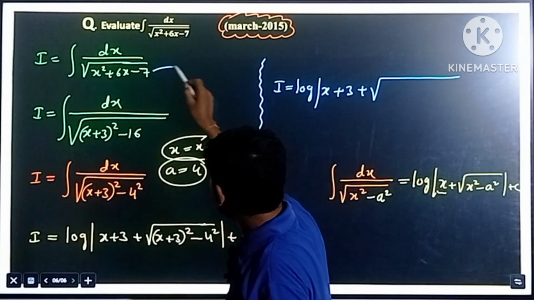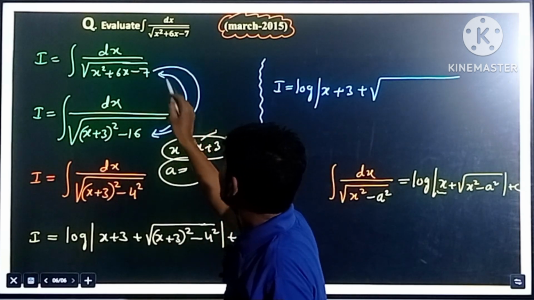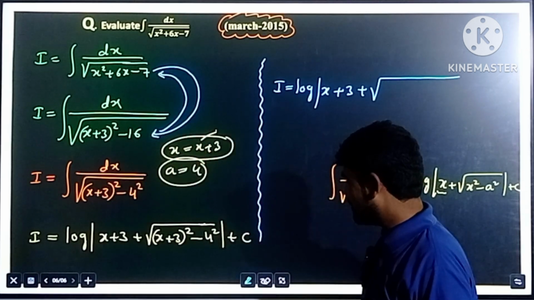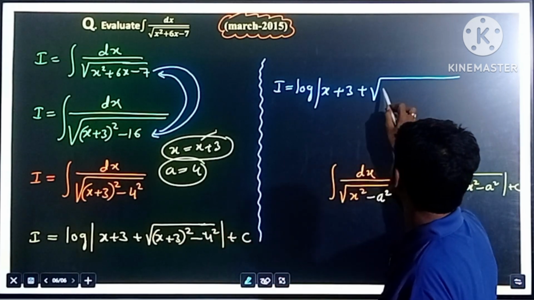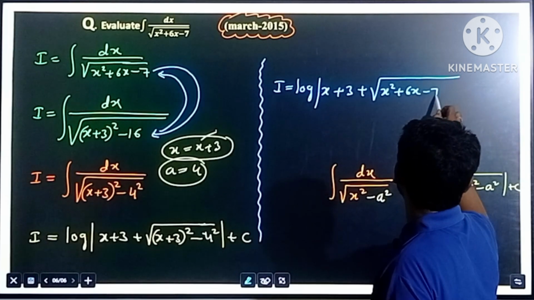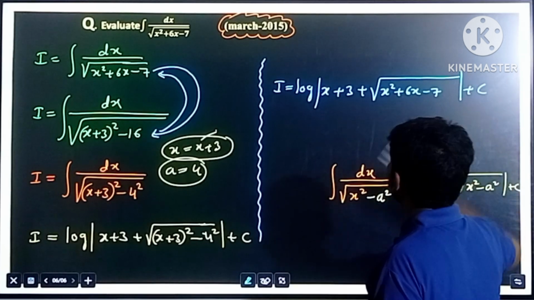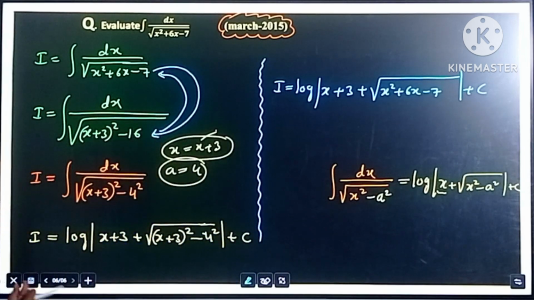So in place of (x plus 3) whole square minus 4 square, we may replace it by x square plus 6x minus 7, plus integral constant c. I hope all of you understood.